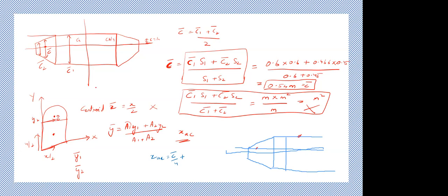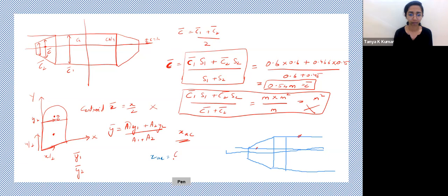Yes, ma'am, correct. So it will be just CR by 4, which is 0.15. Since it's tapered across the quarter chord axis, it will just be CR by 4.